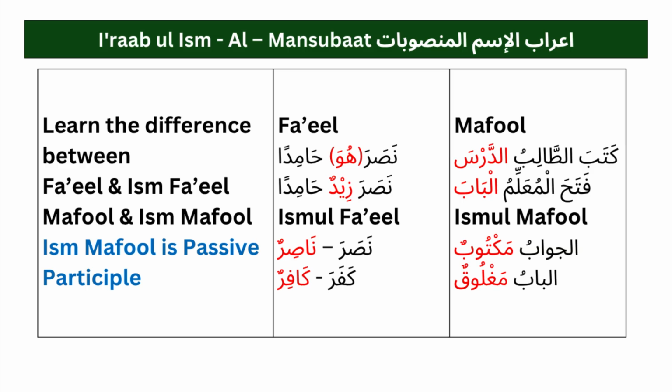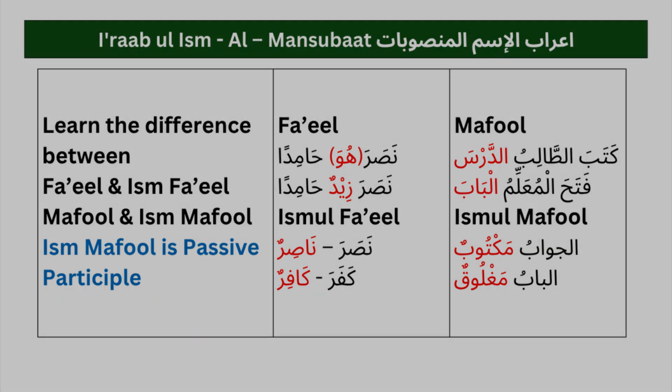In these examples, ad-darsa and al-baba are the maf'ul because they are the things affected by the action. So again, we must keep the distinction clear. Maf'ul is a grammatical role in the sentence, while ismul maf'ul is a derived noun pattern like maktubun or maftuhun.